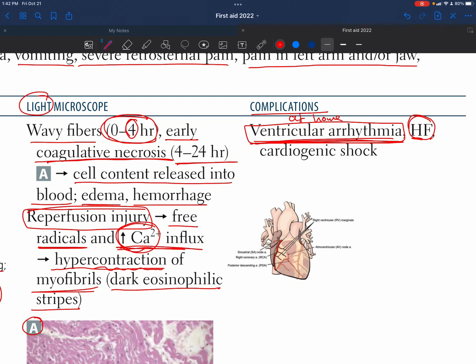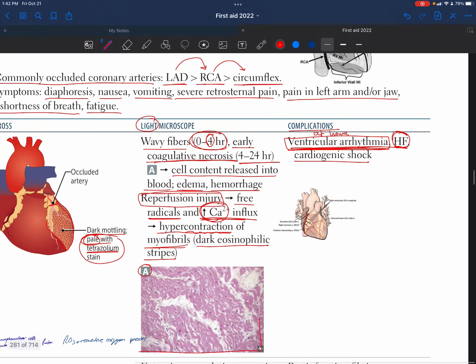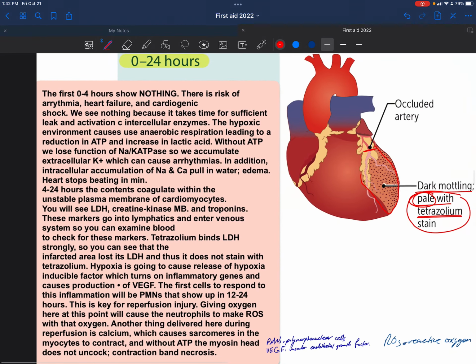But if that patient makes it and comes to the hospital, then the most common cause of dying after myocardial infarction at hospital is heart failure. And also cardiogenic shock. I think I read about that in a book or something like that. Yeah, so that's something to be sure about.